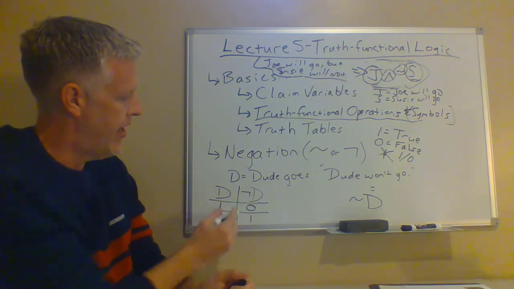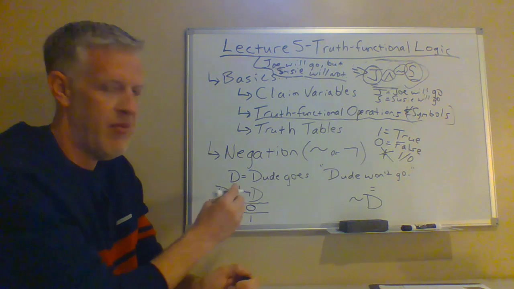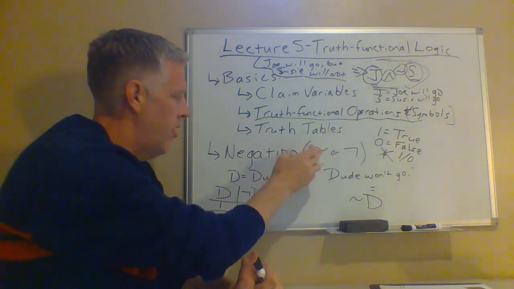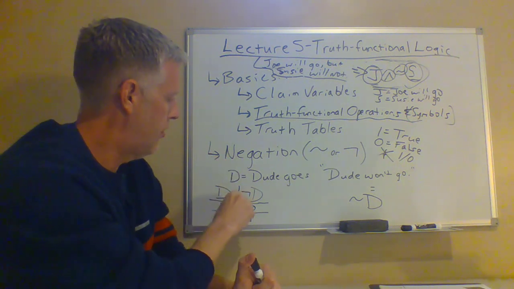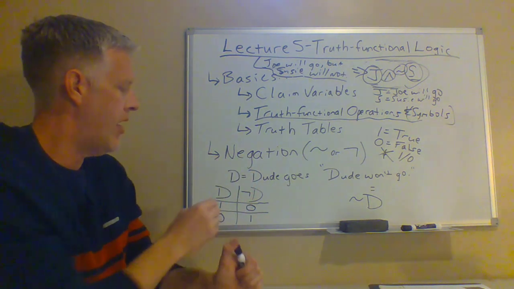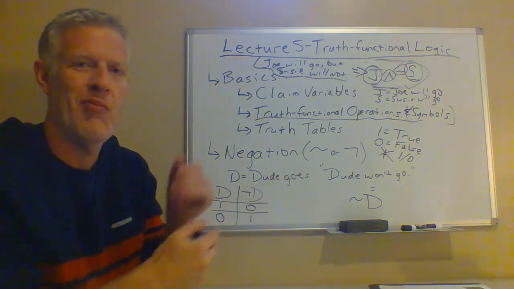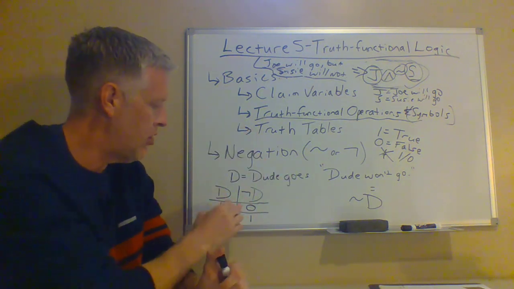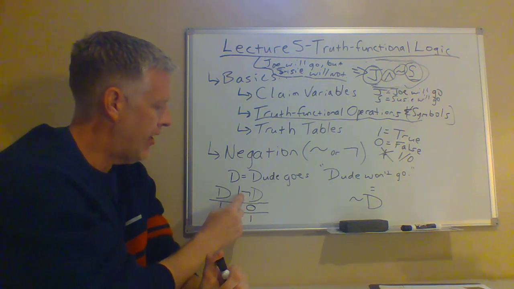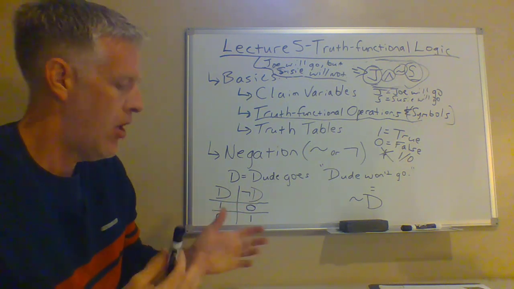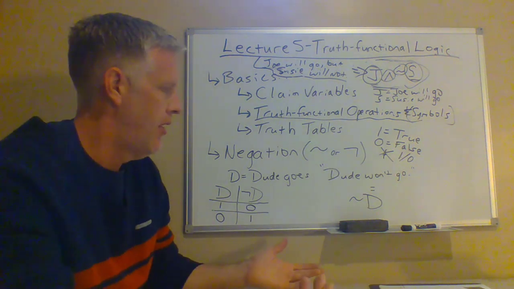One of my graduate instructors actually preferred this and always used it. But either one of those symbols works. And that reads something like, "it's not the case that D," if you were to read it in logical notation. Okay, so that's negation.